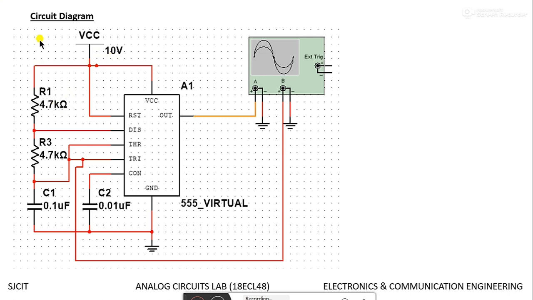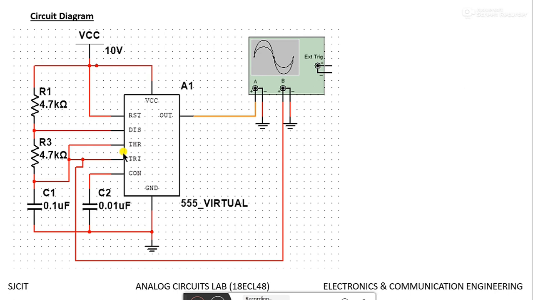R1 is 4.7K, R2 is 4.7K, C1 is 0.1, and C2 is 0.01 microfarad, which is connected across control to ground.